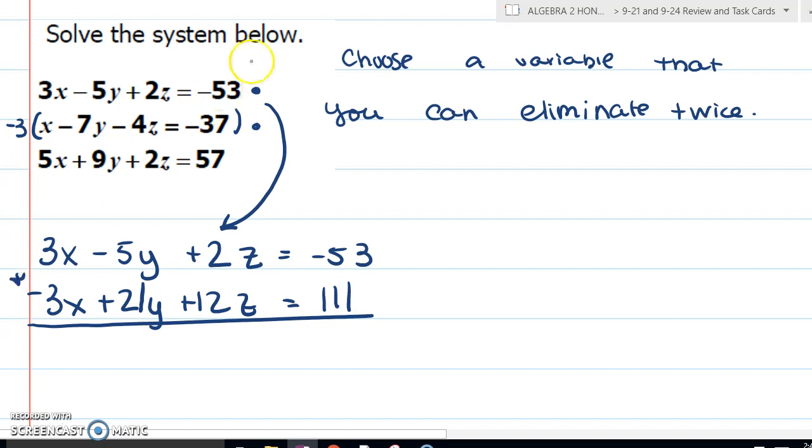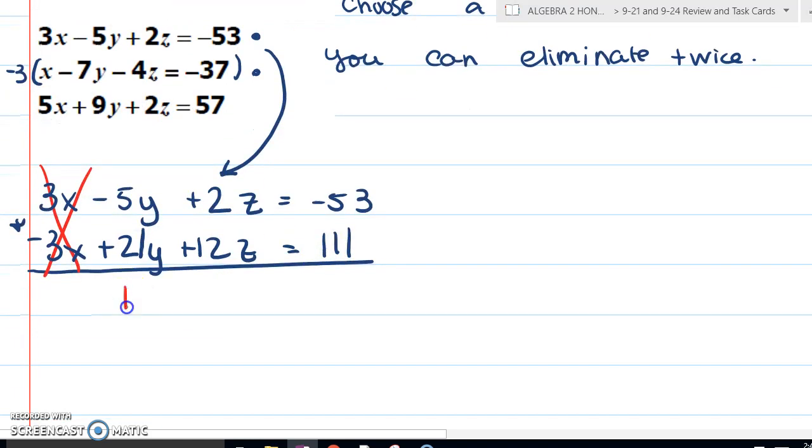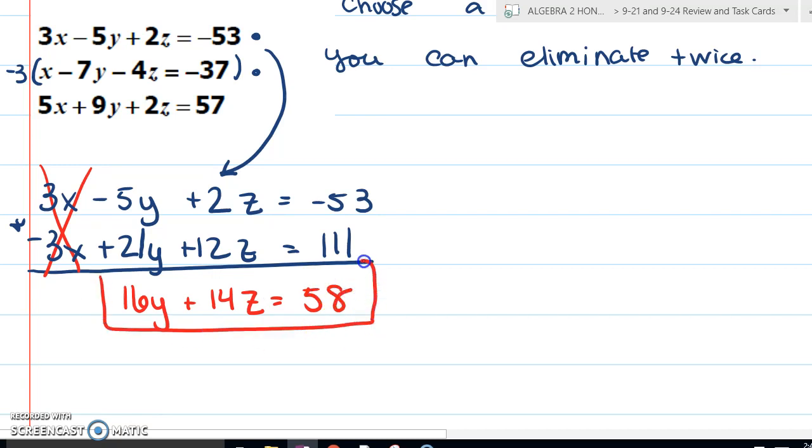And when we add these together, the x's cancel, and we're left over with 16y plus 14z equals 58. Okay, and from your steps, they tell us to name this equation A.